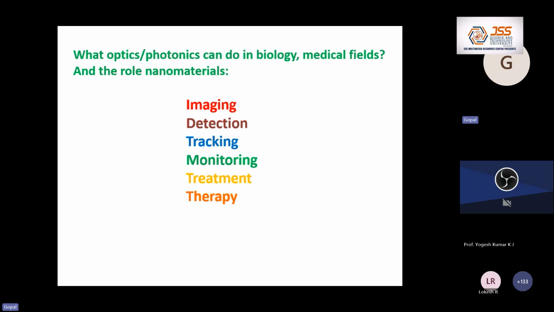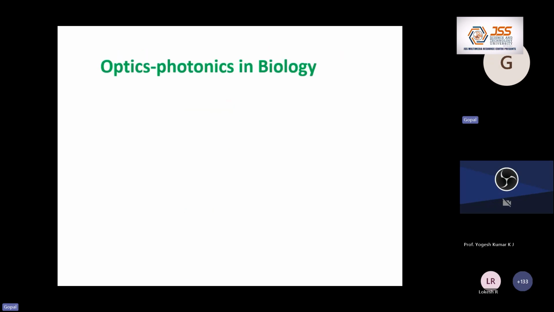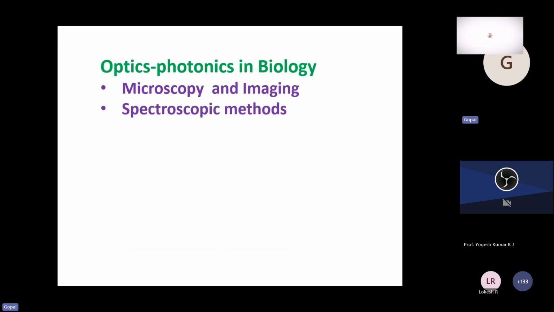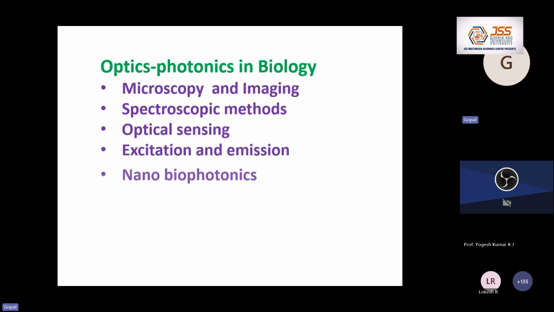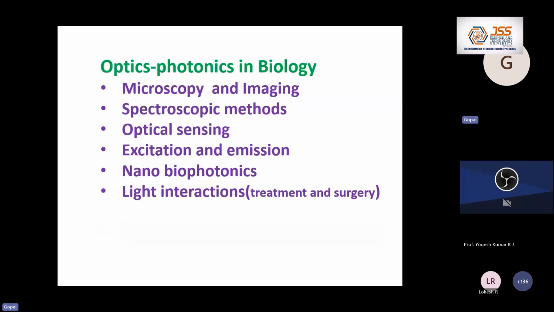That is because it's a very sensitive technique and also a non-invasive technique, and you can get very high resolution information. Then surgery, that's also involved. In biology, optics and photonics go with microscopy and imaging, spectroscopic methods, optical sensing, excitation and emission, then nanobiophotonics.